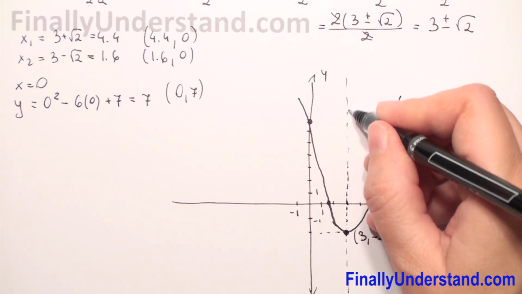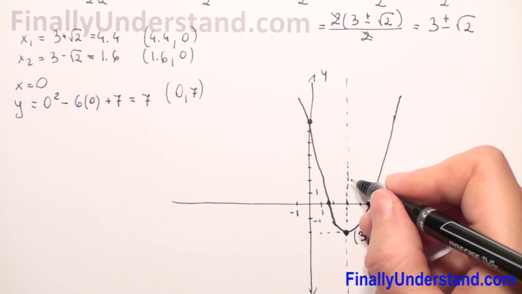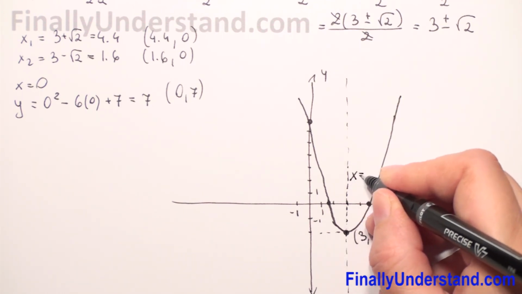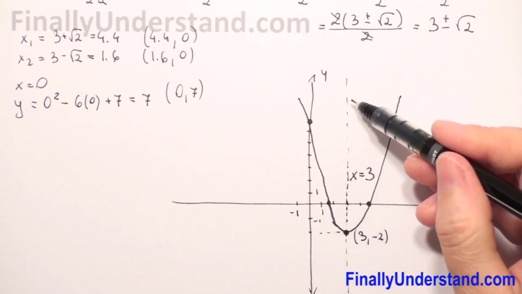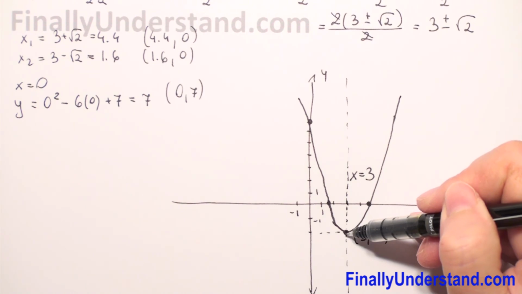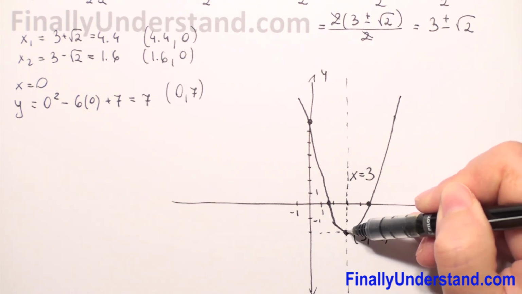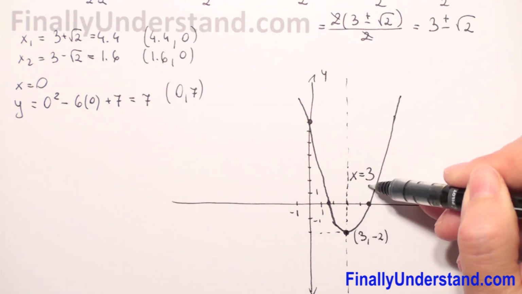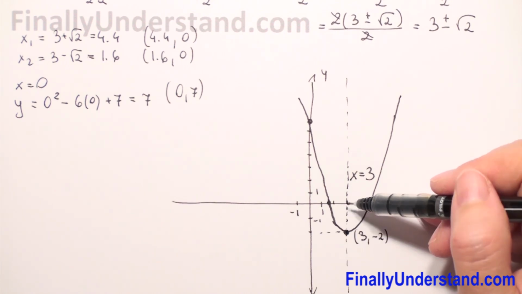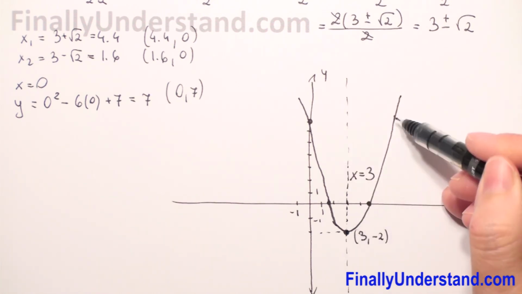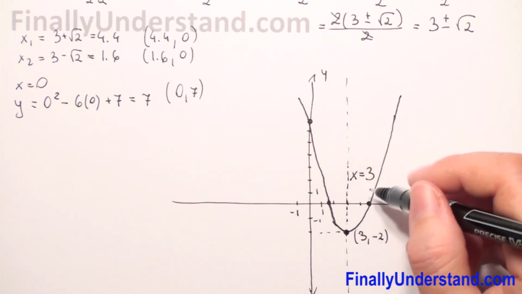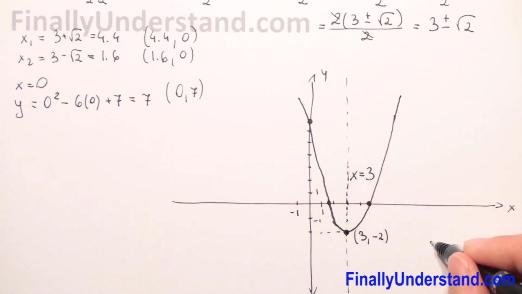So the equation of this line is x equals 3. This line is parallel to the y-axis. The line which passes our vertex, x equals 3, is the axis of symmetry of our parabola. So this is my solution.